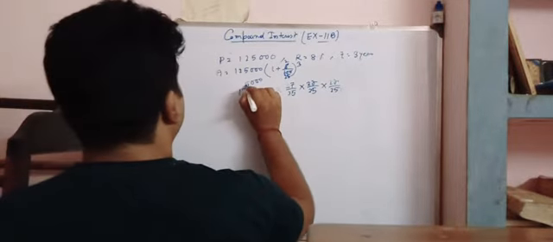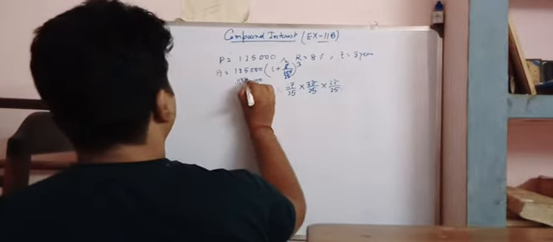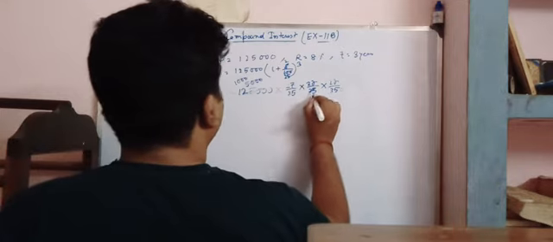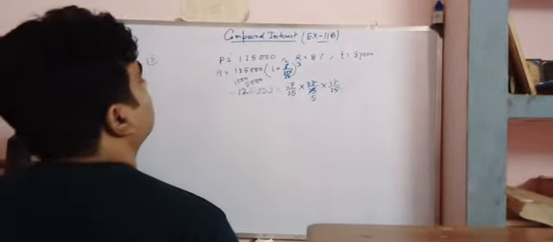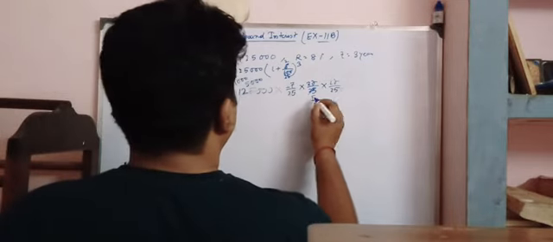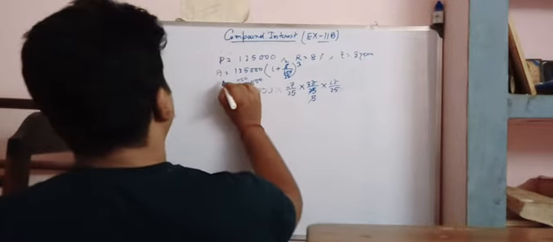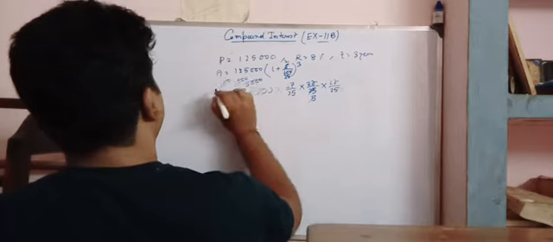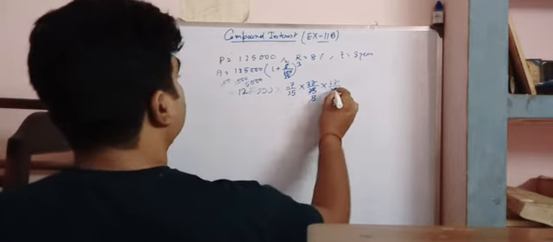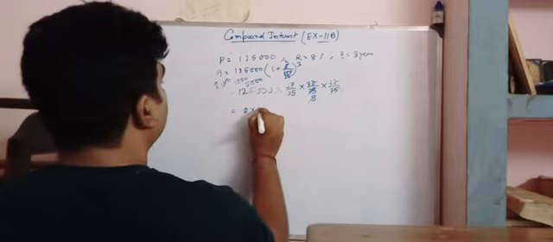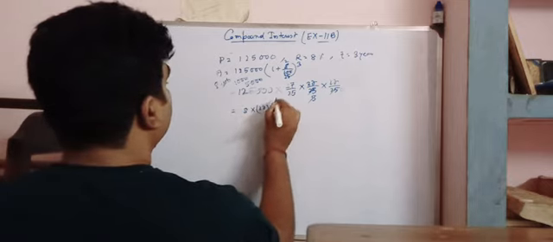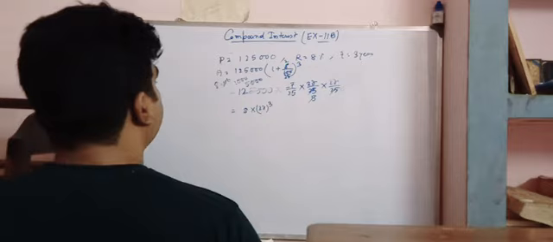Next, so 8 into 27 cube. Okay, 8 into 27 cube.